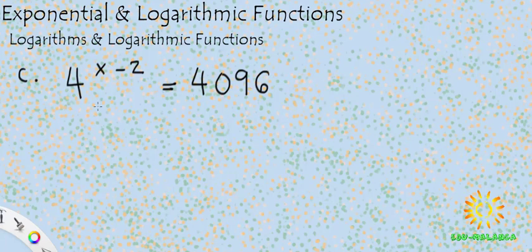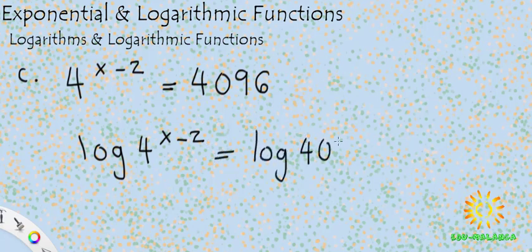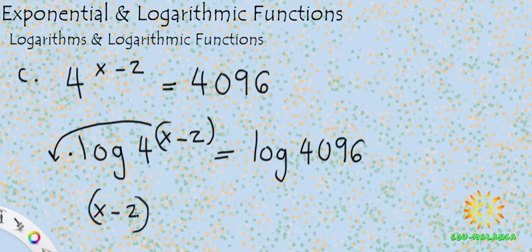I'm going to apply a log on both sides of this equation to solve, and it'll become log of 4 to the power of x minus 2 should equal log of 4096. If we recall the log laws, this power can be moved to the front of the expression and we multiply by it. So this will become x minus 2 times log 4 should equal log of 4096.